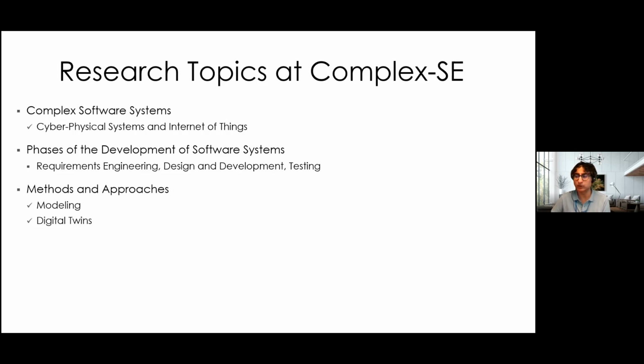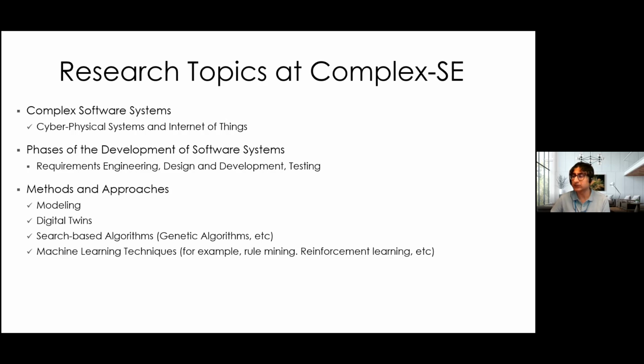We are also working on digital twins, which are like replicas of the systems, and search-based algorithms, for example, genetic algorithms. And we are applying a lot of machine learning techniques such as rule mining and reinforcement learning. But most of what we do is the application of these algorithms to software system development and testing. And this is the new area, quantum software engineering, which we started to look into a couple of years ago. This is what I will focus on in my presentation today.